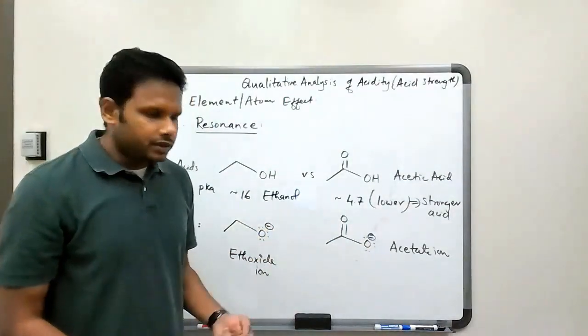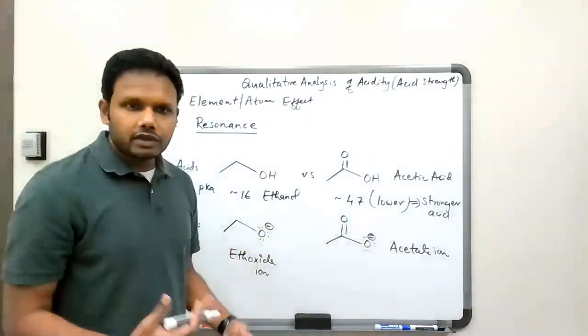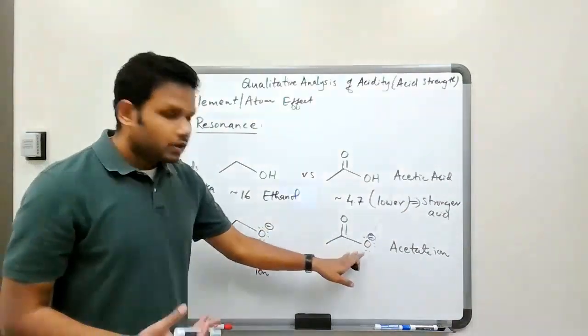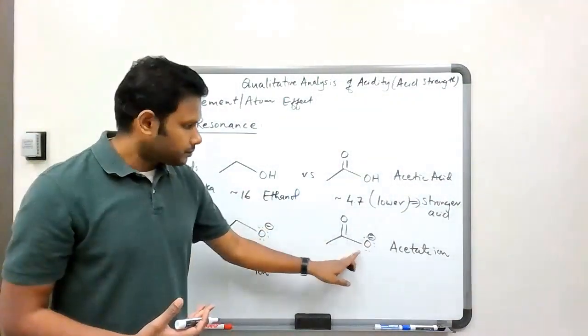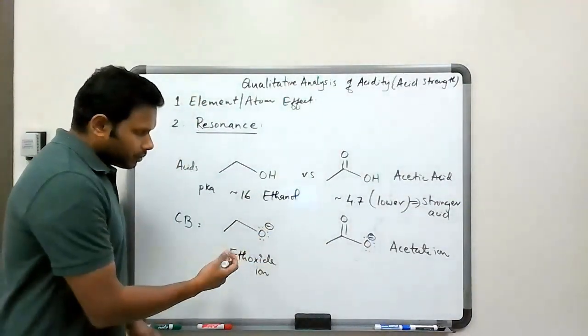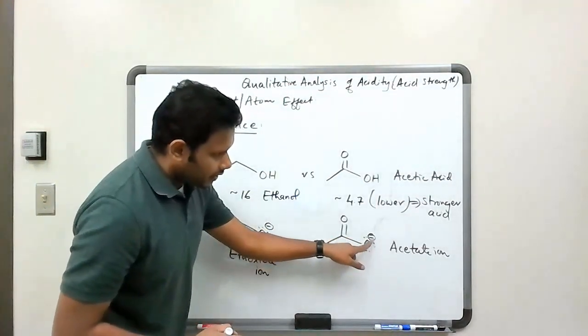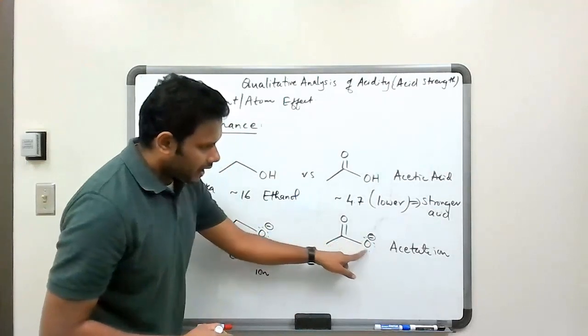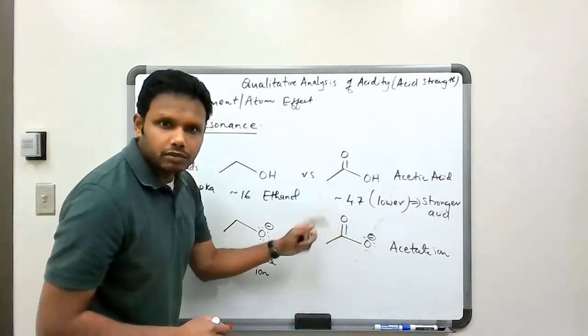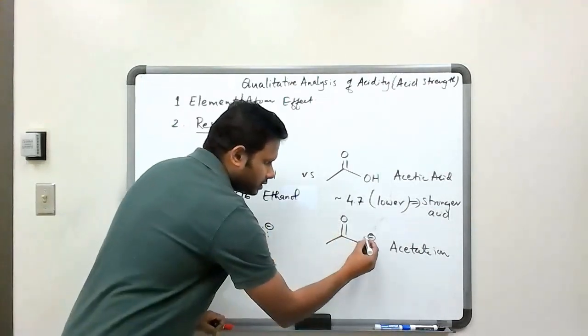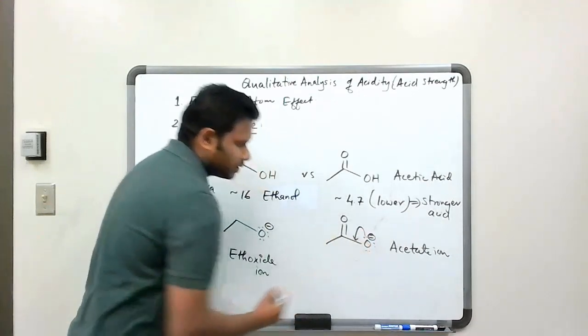So that is also a good situation, because oxygen is an electronegative element, so it should be able to stabilize that negative charge. But now if you think about it, in the acetate ion, notice how this negative charge is at an allylic position to a double bond. And what that means is we can do some resonance here.